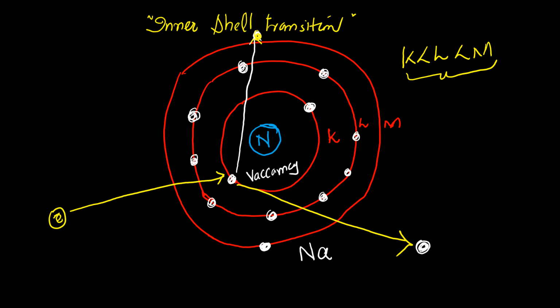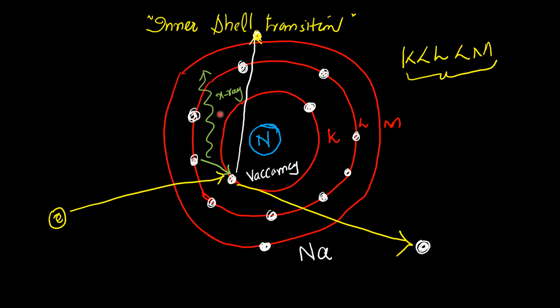So now, suppose that an electron from the L shell jumps into the vacant position of the K shell. Whenever an electron jumps from L shell into K shell, it will release electromagnetic radiation in the form of X-rays. Now, the question here is why the electron, when it jumps from L shell to K shell, produces X-rays?